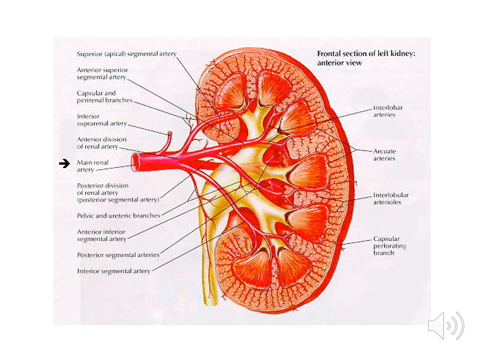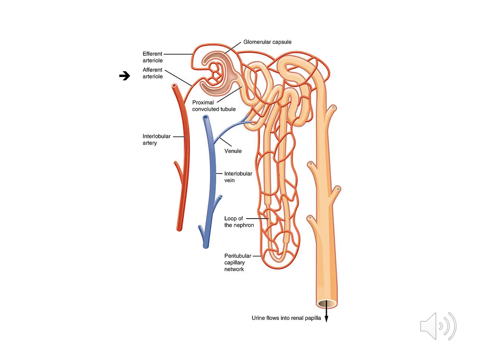Each kidney is supplied with blood from a renal artery that branches off the aorta. After the renal artery enters the kidney, it divides several times into smaller and smaller arteries until, when you get down to the level of the nephron, each nephron has its own little set of arterioles.